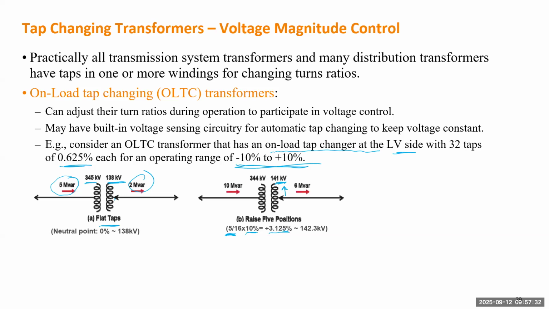That tells you if you move up by 5 positions, you are going to increase voltage by about 3%. By calculation, that is about 142 kV. But actually, you only get 141 kV, slightly lower than the expected value.